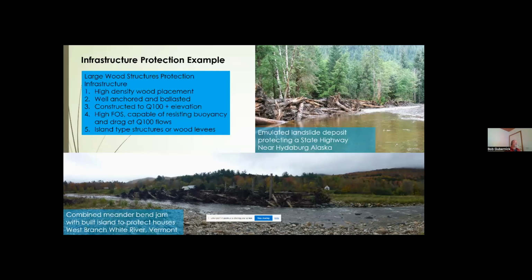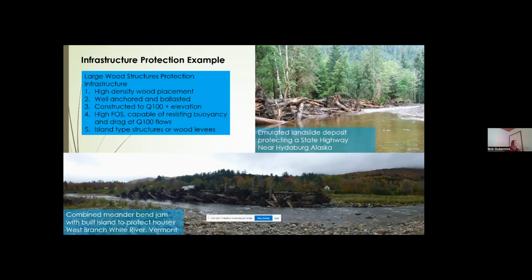Again, the structure is designed so that the wood ballast is higher than the Q100 flood, and it's all woven together so that when the water starts pushing on it, it locks wood together, pushing it against one another even more. It is more difficult to remove.